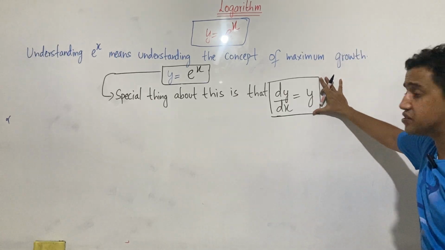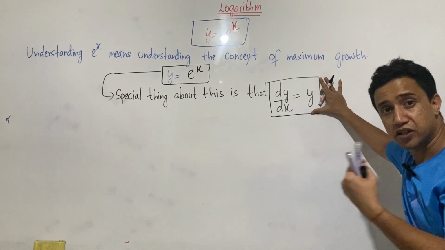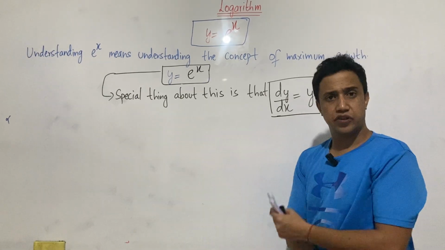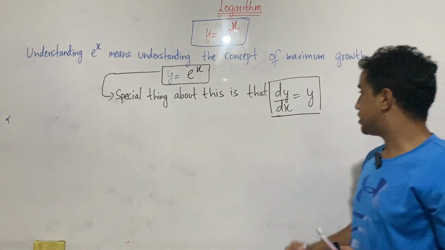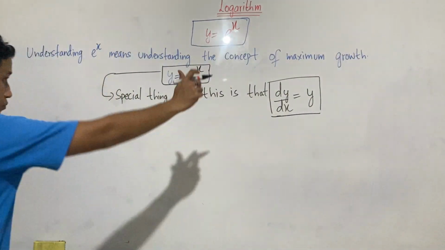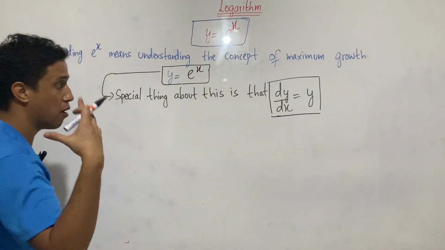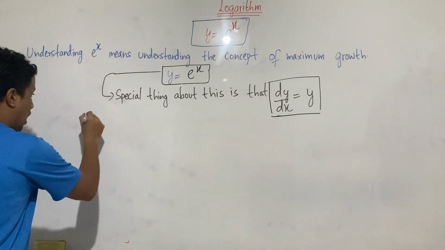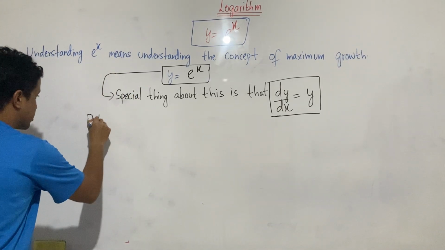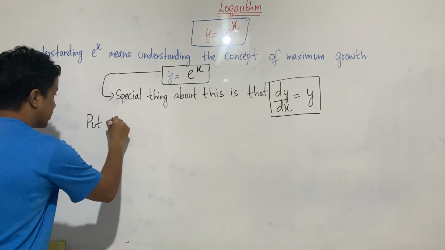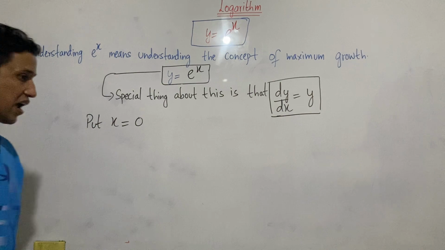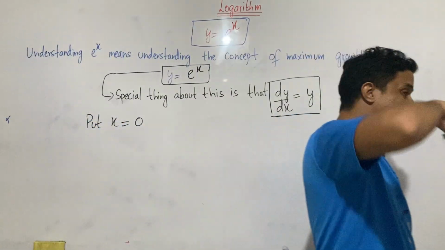If it is a differential equation, it must have a start, meaning we must start from some point. So here I will start from x equals 0. If I put x equals 0, what would happen?